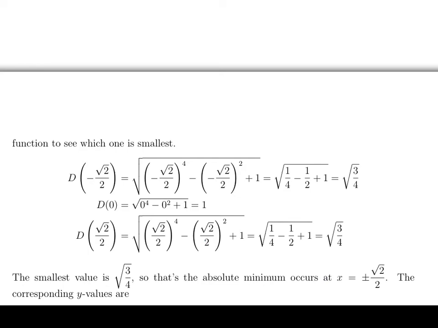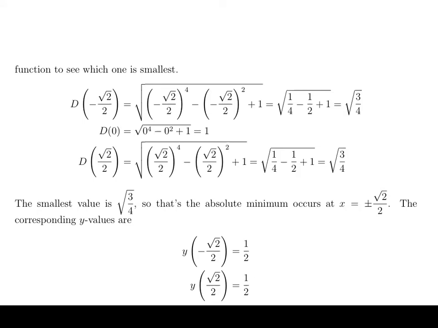We can compute the corresponding y values. So those corresponding y values are just going to be 1/2. How do we get that? We go back and plug it into the equation of the parabola, y equals x squared. And again, you should plug those in and double check to make sure that when you square those numbers, you really get 1/2.